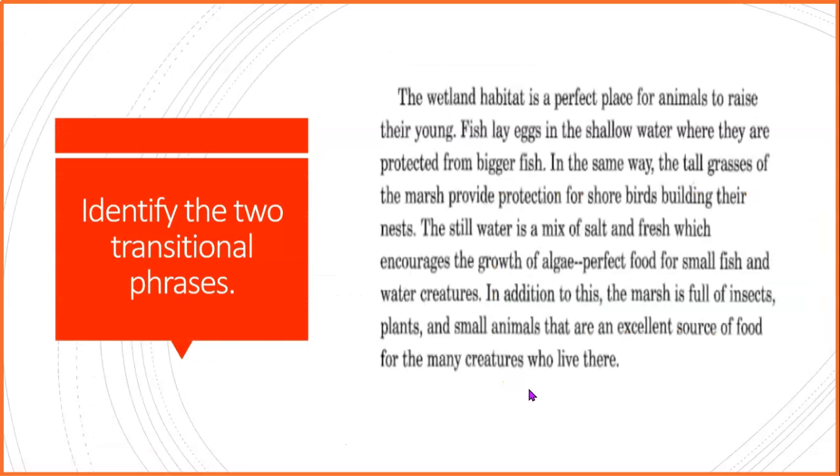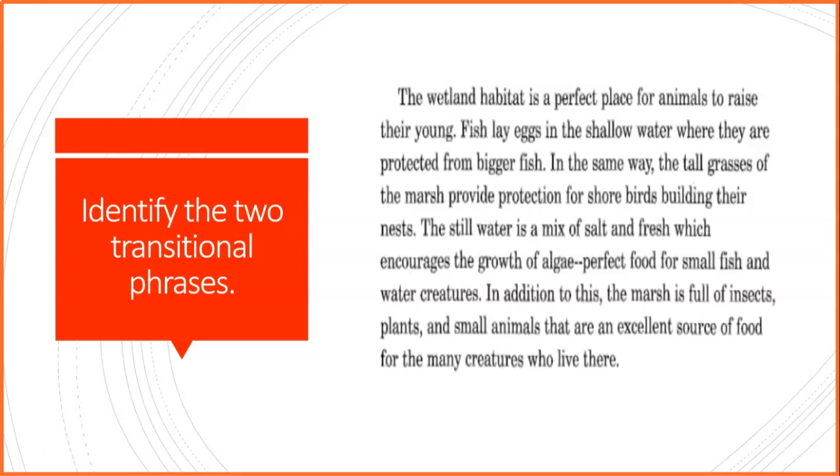So let's see. Can you find the two transitional phrases? They're going to start a sentence, and they're going to help us figure out how that sentence is connected to the sentence before it. The wetland habitat is a perfect place for animals to raise their young. Fish lay eggs in the shallow water where they are protected from bigger fish. In the same way, the tall grasses of the marsh provide protection for shorebirds building their nest.